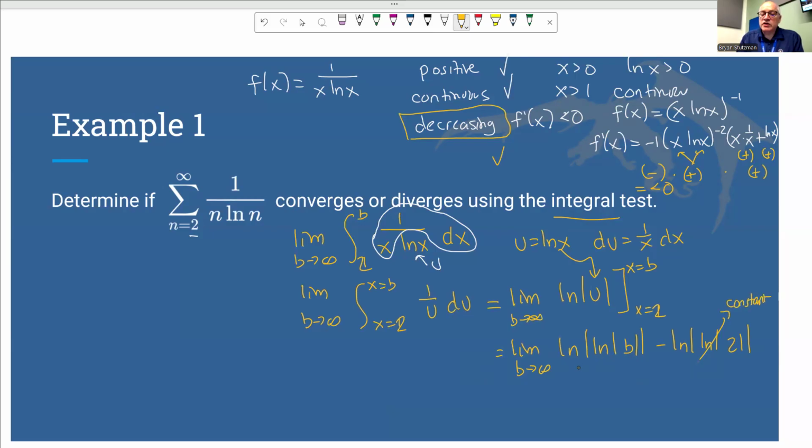But natural log of b goes to infinity. It goes incredibly slowly, but does go to infinity. So this is a divergent improper integral. So because the related integral is divergent, then the original series is also divergent.